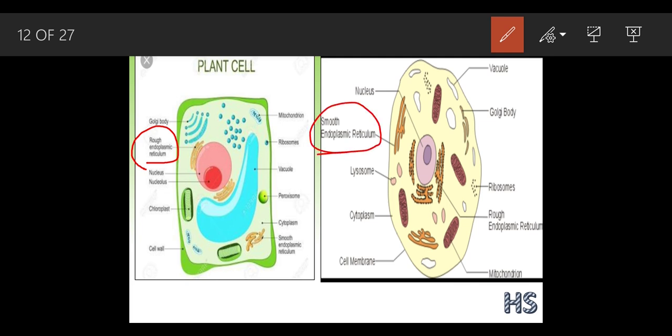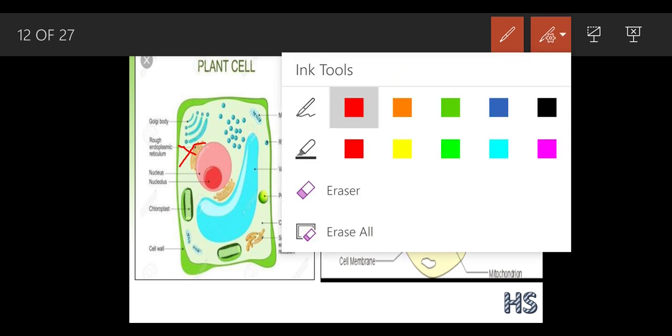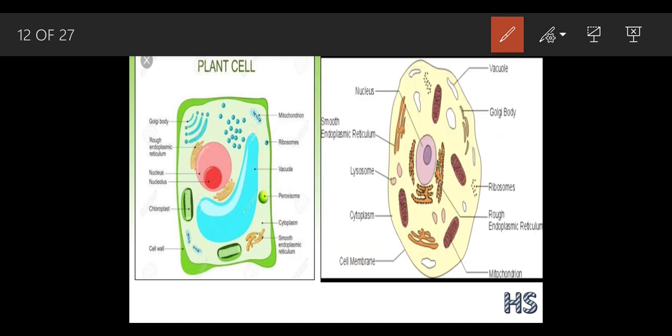Where this endoplasmic reticulum is located, this outer end, here, this part, is connected to the cell membrane, and the inner end, here, is connected close to the nuclear membrane.